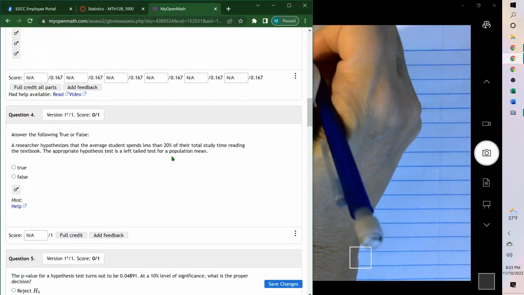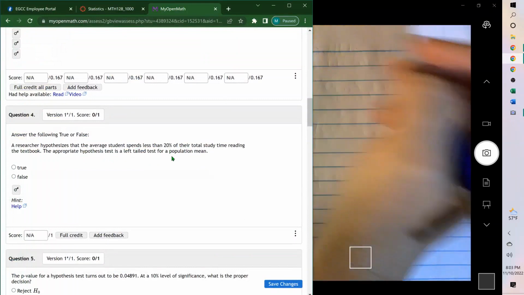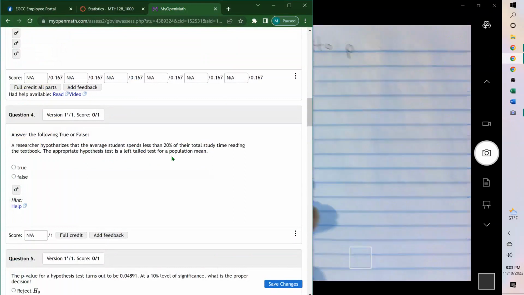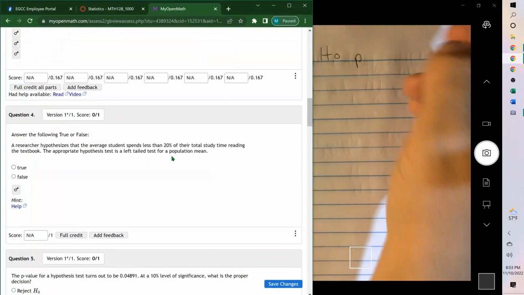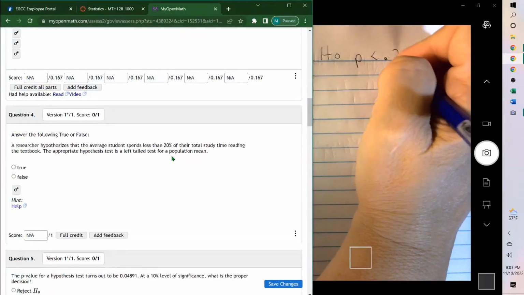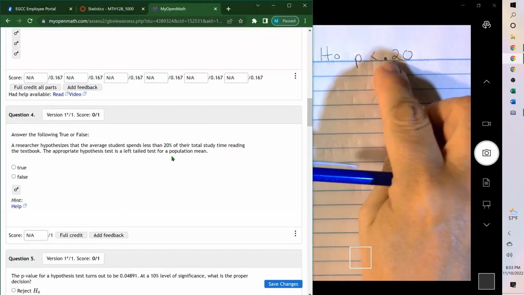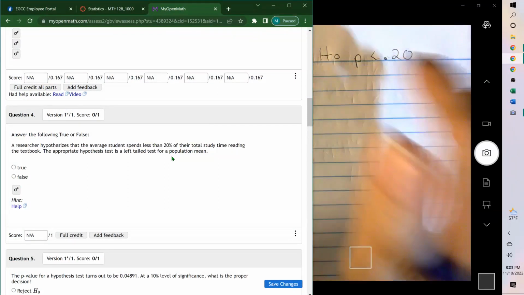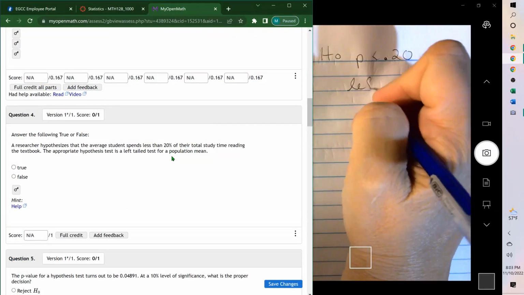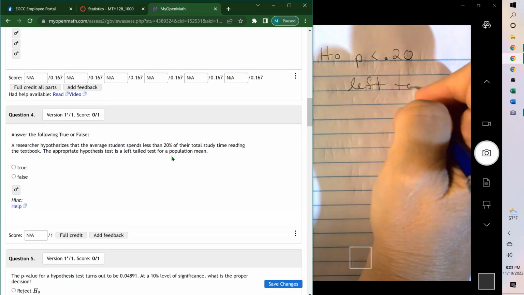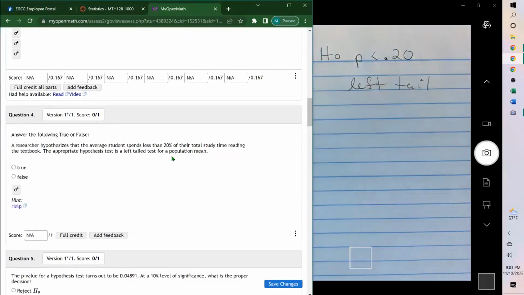So we're testing, it would be P because it's a proportion, and it said less than 20%. Less than points left, so it's a left tail. And here they're saying the appropriate hypothesis test is the left tail test for a population mean.